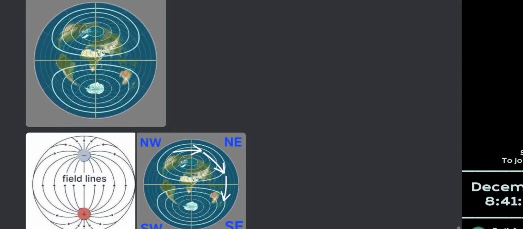It only works like this because this is what it is. So it's not like they were trying to trick us into thinking we're on a ball with the two poles. They were just showing that they were using the fields, and this is why they drew it out this way, because that's the electromagnetic field and the magnetic field combined.